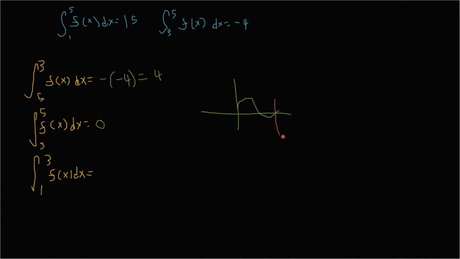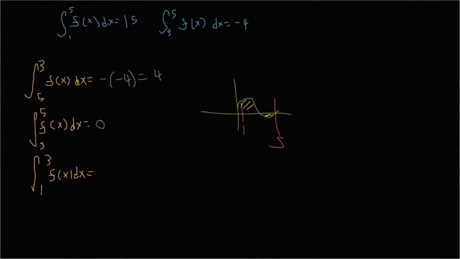So this is 5 and this is 1. And so we know that this entire area is 15, and this area right here is negative 4. But if we wanted to find the area from 1 to 3, we could just subtract this area, because we can just remove it.